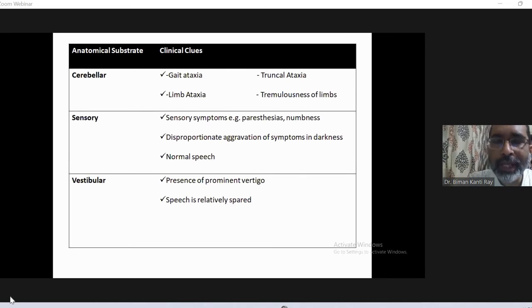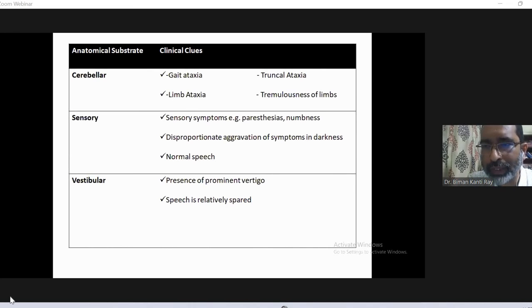Now, there are some clinical clues. If it is a cerebellar ataxia, this I always tell my students, you start from above and go downwards. The important clinical clues are that the patient may have a problem in the eye. There may be an eye symptom. A particular symptom is blurring of vision when they are turning, or there may be an eye sign. The patient may have head titubation, truncal ataxia, stance ataxia, gait ataxia, limb ataxia.